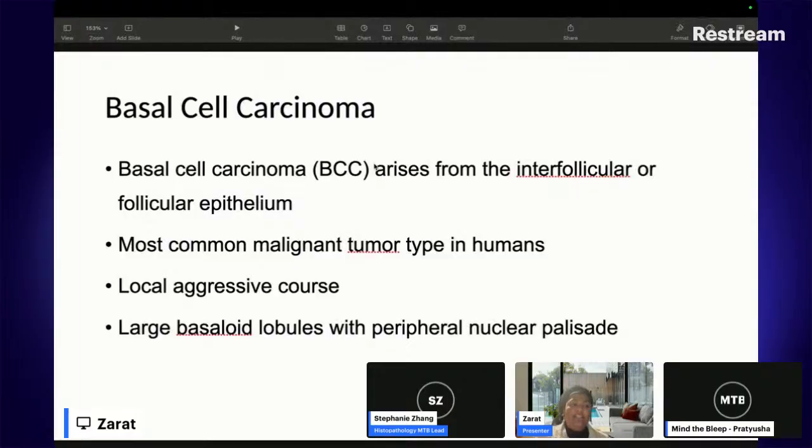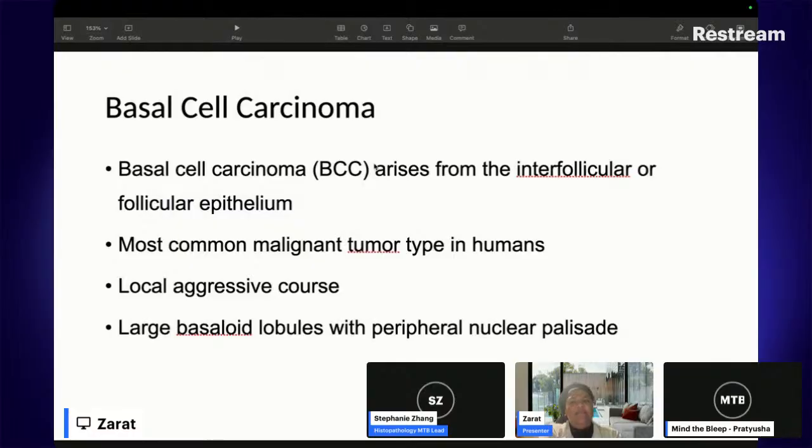It's locally aggressive, which means it can become quite large, but it never metastasizes, so it never goes to any other organ. The treatment for this is excision. You take all of the carcinoma out, and you make sure that there is no carcinoma around the edges of what you have taken out. As long as you have taken everything out, you're good, you're in the clear.